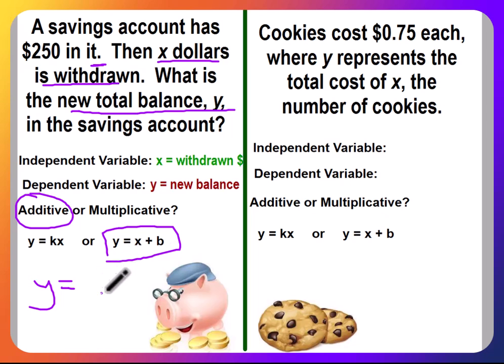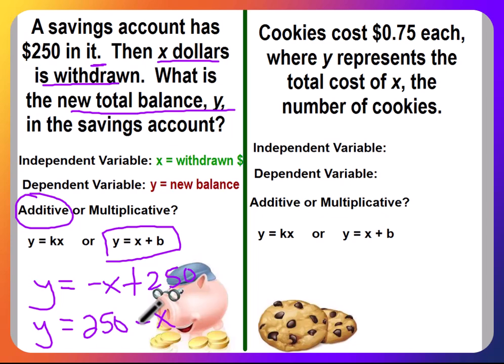So we're going to do it as a negative x plus the $250, because the $250 is positive. That's what you start with. That's one way of writing it. The other way is you could say, okay, y is equal to 250 minus x. That means the same thing. The y and the x remain y and x, and then you've got your additive relationship here.